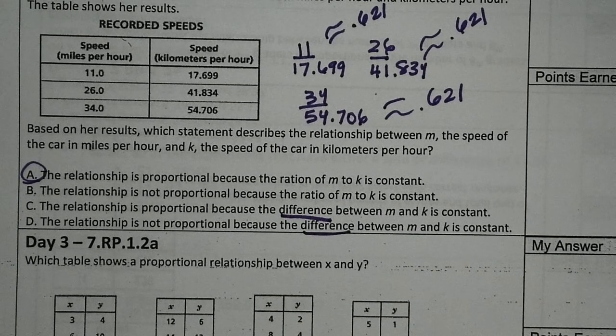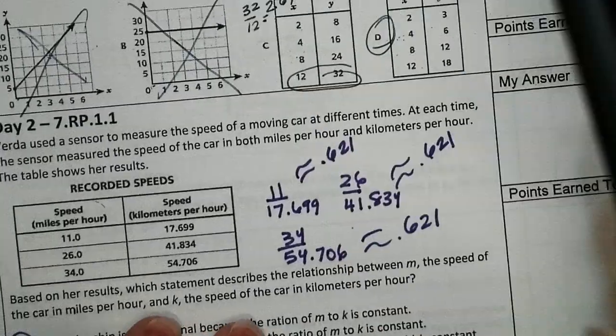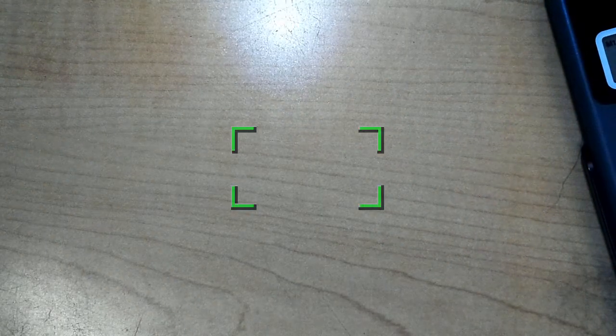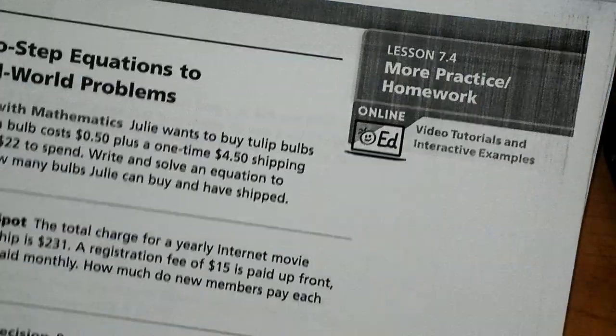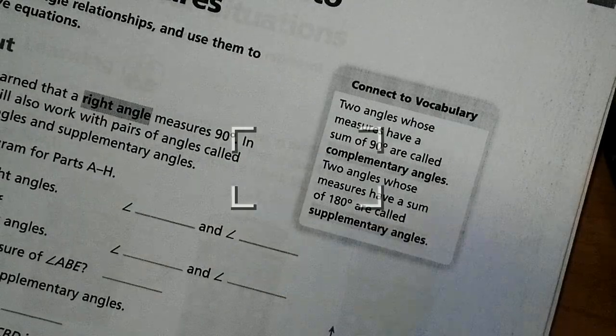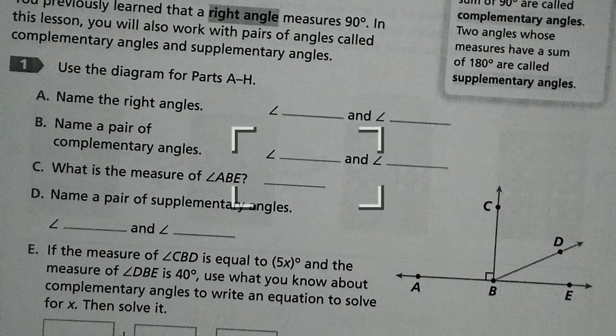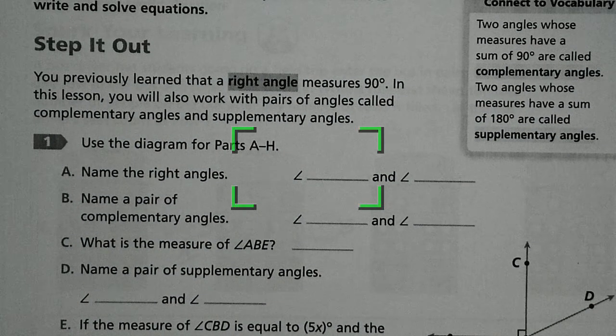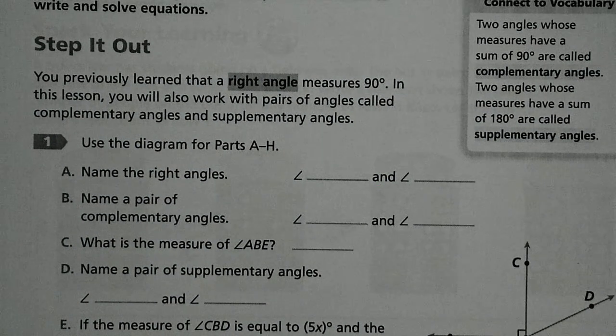Okay, any questions on that one? All right, so put that aside, and you guys are going to open your books to 7-5, which is on page 251. This is the last lesson of this module.